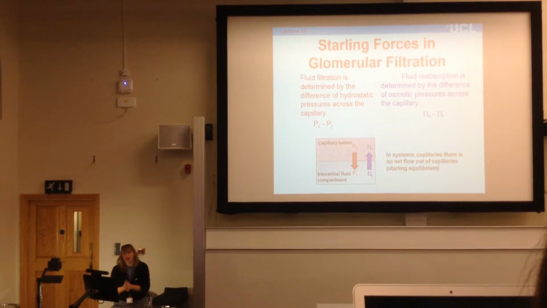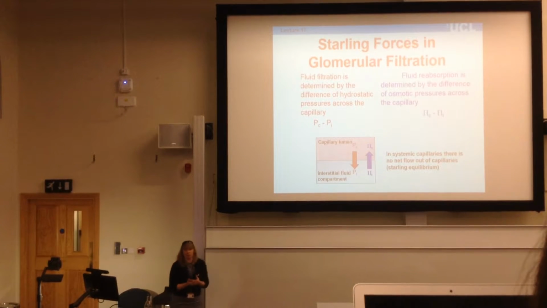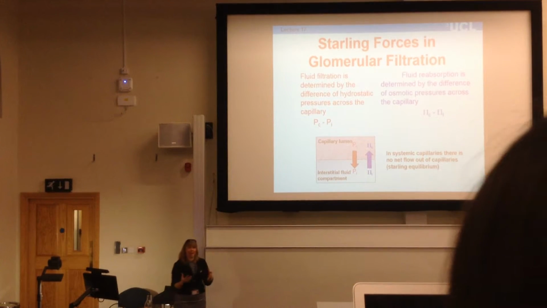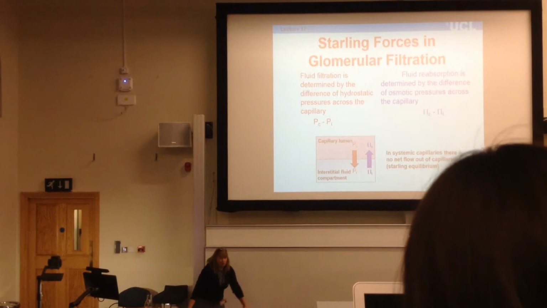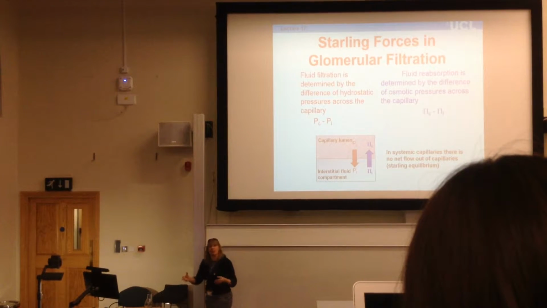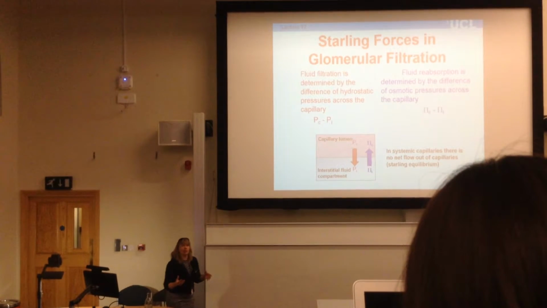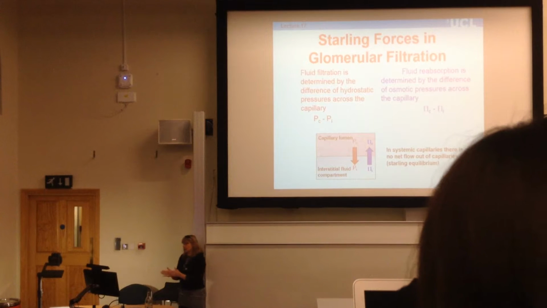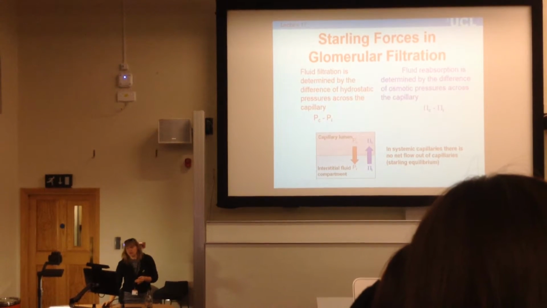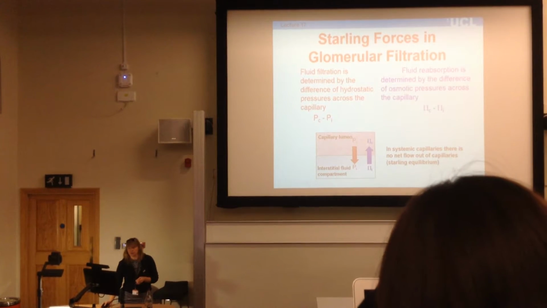If we look at how the Starling's forces affect filtration elsewhere in the body, then if this was a positive pressure driving fluid out of our capillaries all the time, we'd all have swollen ankles, swollen wrists, we'd have edema, we would have fluid build-up in the interstitial areas around our body. So normally in our systemic capillaries, there is no net overall flow between the capillaries and the interstitial fluid.